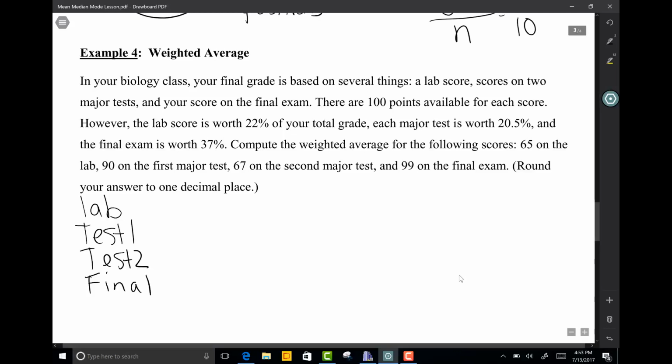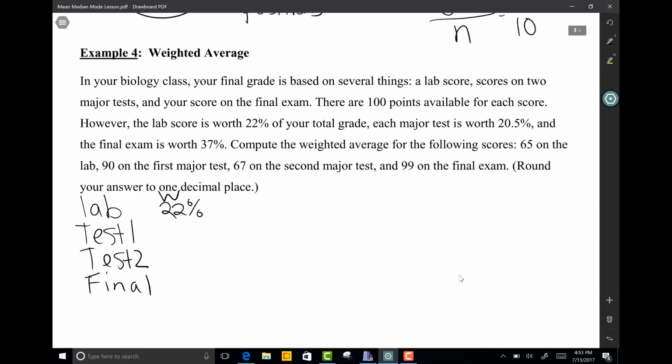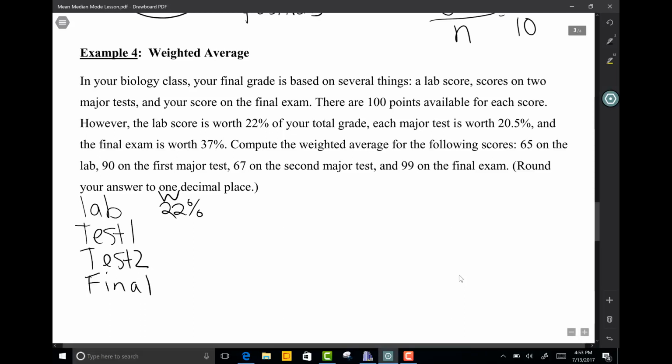So now we're going to write down the weights. For the lab, that's worth 22% of your grade. For the first test and the second test, it says here that each of those is worth 20.5%.